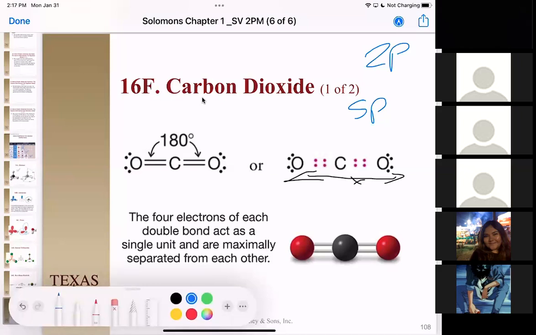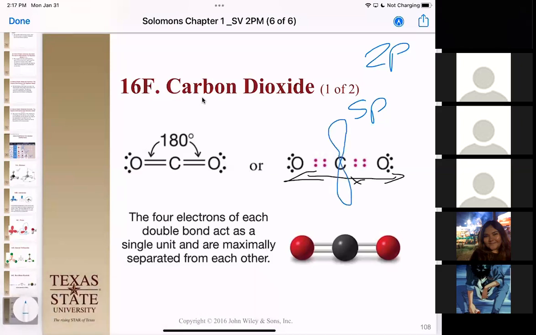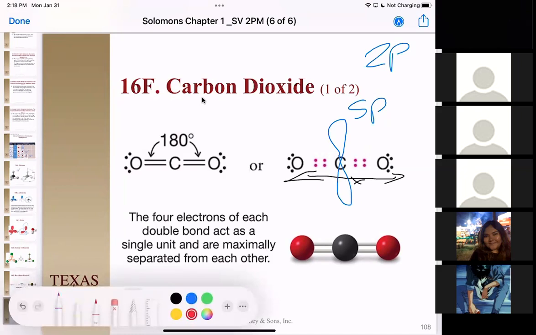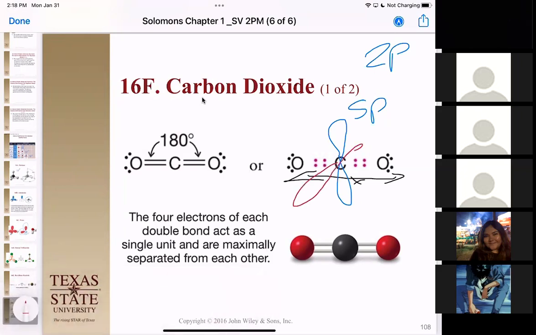So I'm going to put one of these in the y-axis, up and down, and then one of these in the z-axis, which is kind of sticking out here and going back there. Okay, so just from the fact that we have an sp hybridized carbon means that we have 2 sigma bonds in our x-axis, and we have a p orbital in our y and a p orbital in our z. All right, so what do we do next?